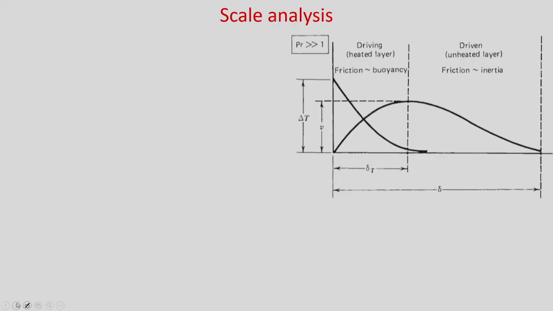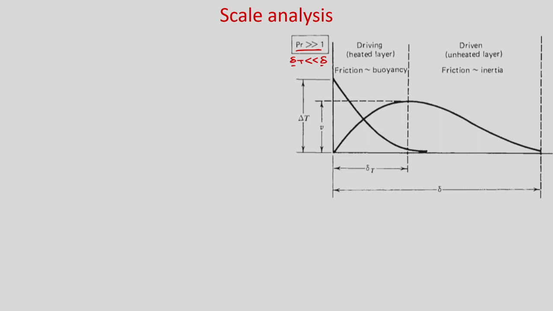Now, let us see that for high Prandtl number fluids. Obviously, for high Prandtl number fluids, delta t will be much smaller than delta, where delta t is your thermal boundary layer thickness and delta is your hydrodynamic boundary layer thickness.